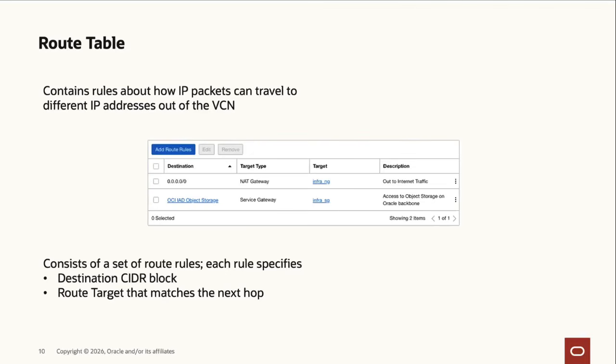We included a screenshot here to show you examples of route rules that you would need to create inside your route table in order to send your traffic out of your VCN. And then each subnet will have a single route table of your choice associated with it. All of your VNICs in that specific subnet will need to follow the rules of that route table.